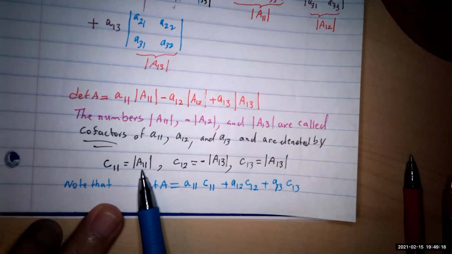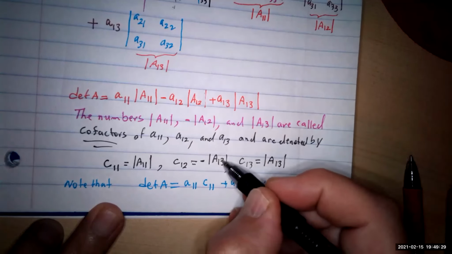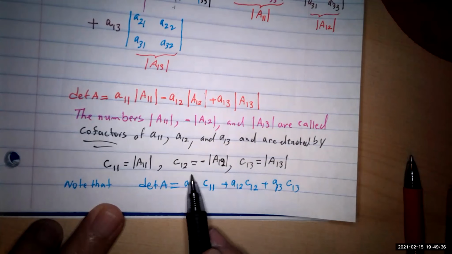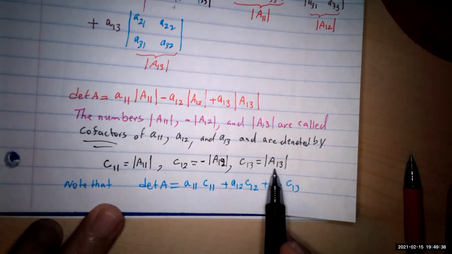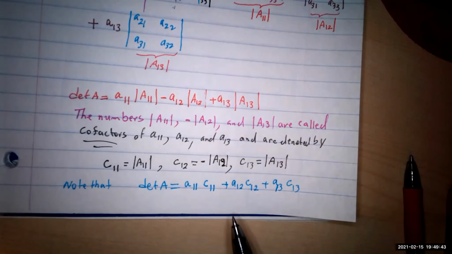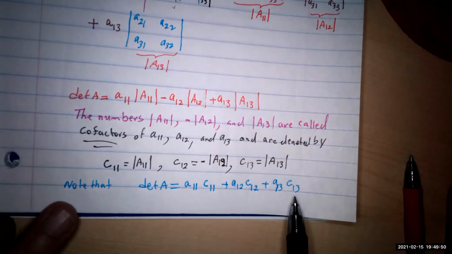You see, 1 plus 1 would be 2, so this is positive. 1 plus 2 would be 3, an odd number, so this is negative. And 1 plus 3 would be 4, an even number. We are going to write down the formula generally, and you will see this is going to be positive, negative, positive.